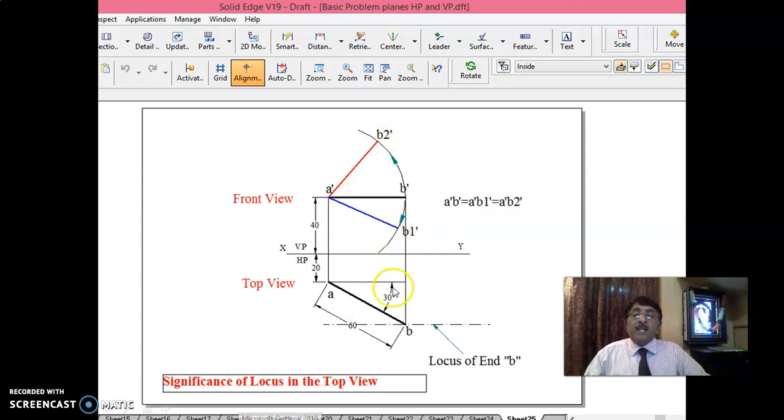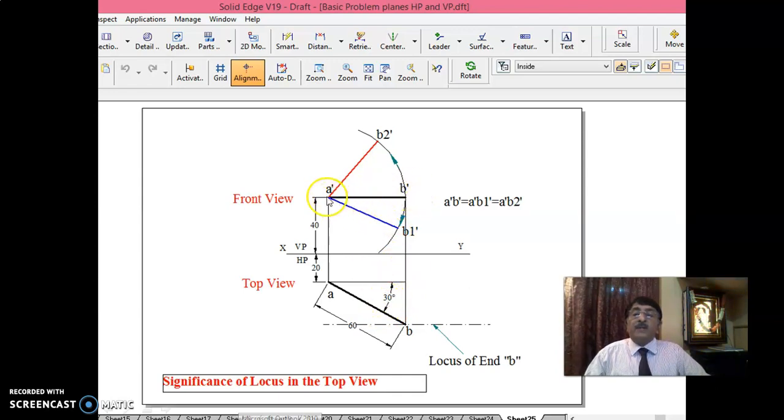In that way, as long as inclination to VP is same, that is 30 degrees, whatever you do with respect to HP, you go on inclining the line with respect to HP, that is keeping A fixed, B you go on moving, that is line AB is rotated with respect to HP. You go on giving any inclination with respect to HP, but the inclination to VP should be maintained at 30 degrees.